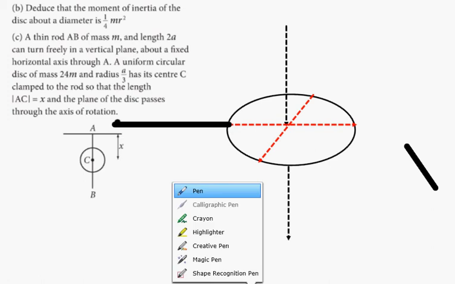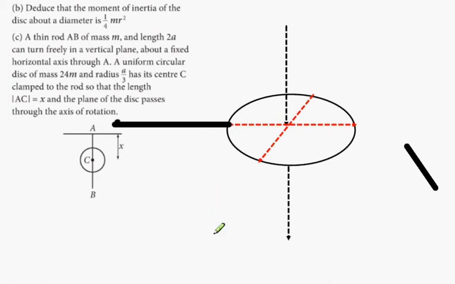The language that suggests otherwise is here: the plane of the disk passes through the axis of rotation. The full plane of the disk passes through the axis of rotation. So what we're doing is actually something like this.